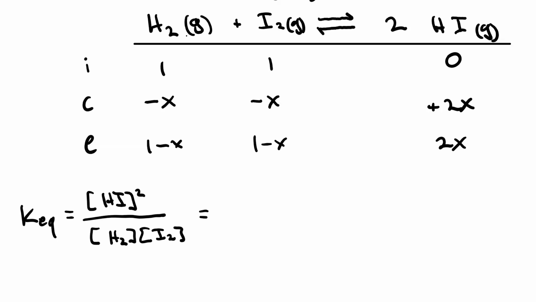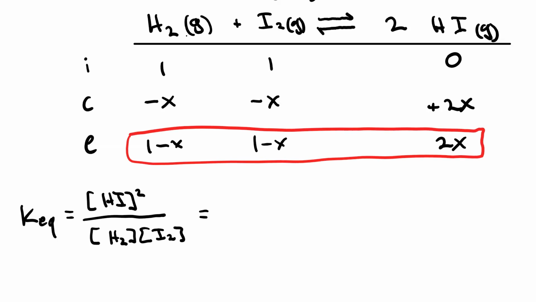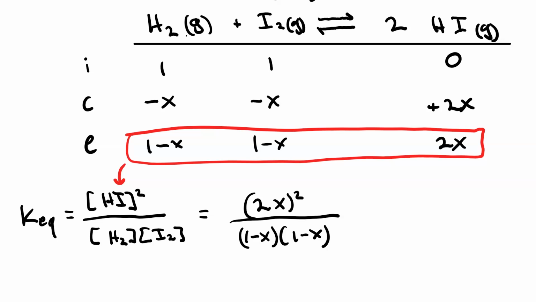Now we plug in the equilibrium values into this expression. So we have on top 2x squared over 1 minus x times 1 minus x.